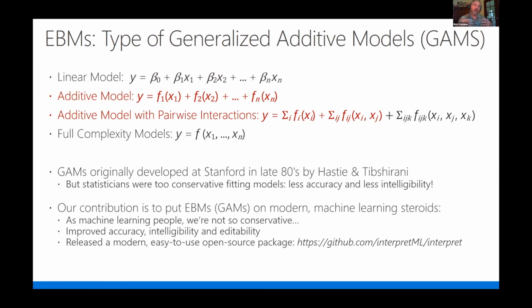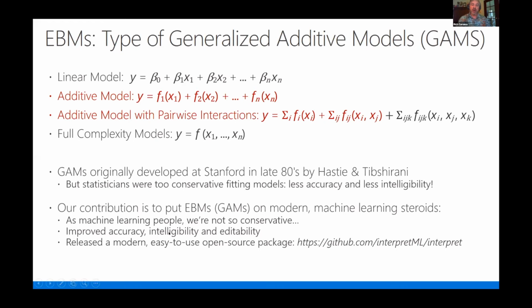So we're going to take this model class that statisticians invented long ago, and we're going to use modern machine learning techniques to get a lot of extra accuracy out of them. And interestingly, when we improve the accuracy, it's going to turn out that the intelligibility increases. And that's for reasons like Scott mentioned in his presentation, that a model that doesn't have the complexity, like a linear model that doesn't have the complexity to represent the data, can actually be less interpretable because it fails to represent the data well.